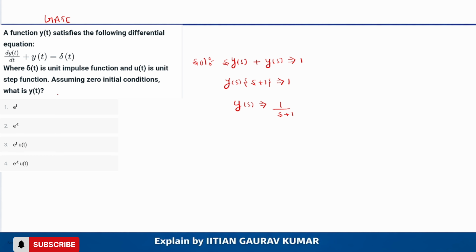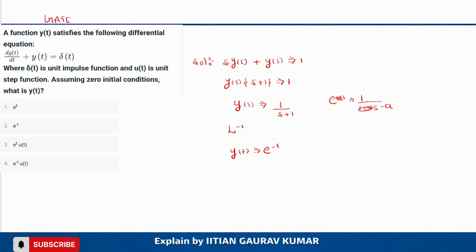But in the question it is asked what is the value of y of t, which means the Laplace inverse. So the inverse of this Laplace transform is e to the power minus t. You are all aware that e to the power at corresponds to 1 by (s minus a).